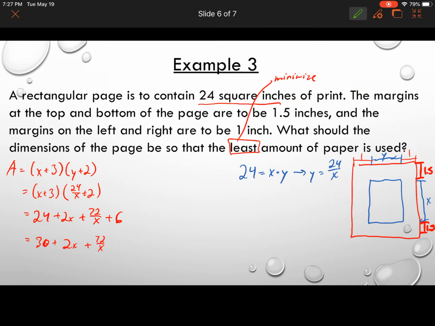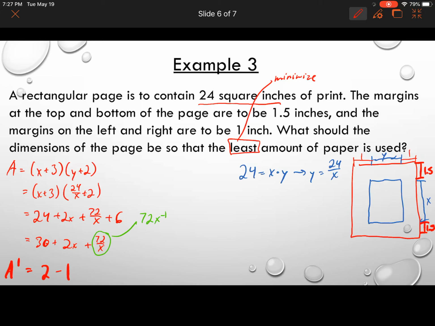And just a reminder, before we take this derivative, remember 72 over x is just the same thing as 72 times x to the negative 1 power, because we're going to be using the power rule when we take the derivative. So let's take the derivative. So A prime: the derivative of 30 is just 0. The derivative of 2x is just 2. And now we have the derivative of 72x to the negative first.